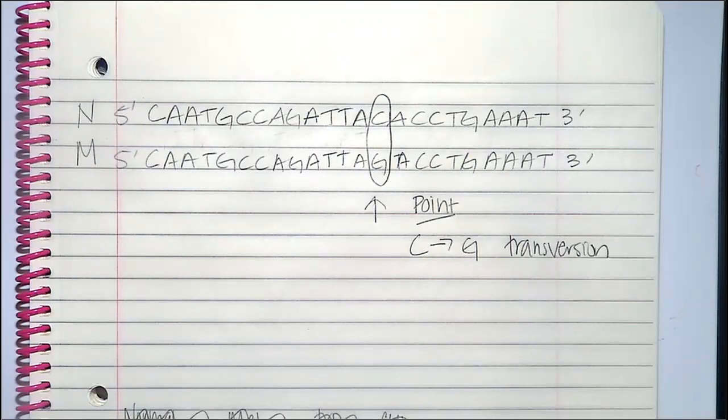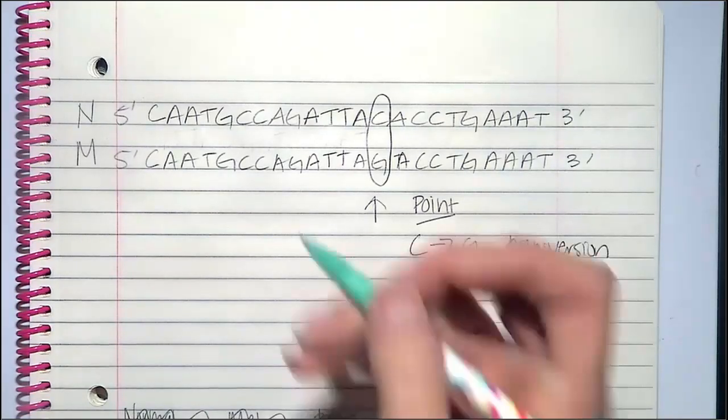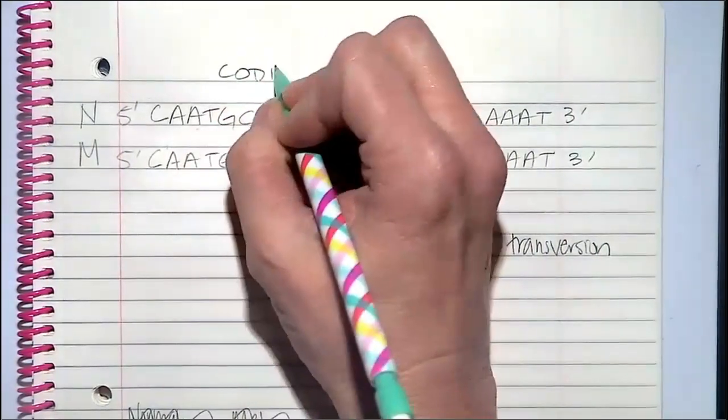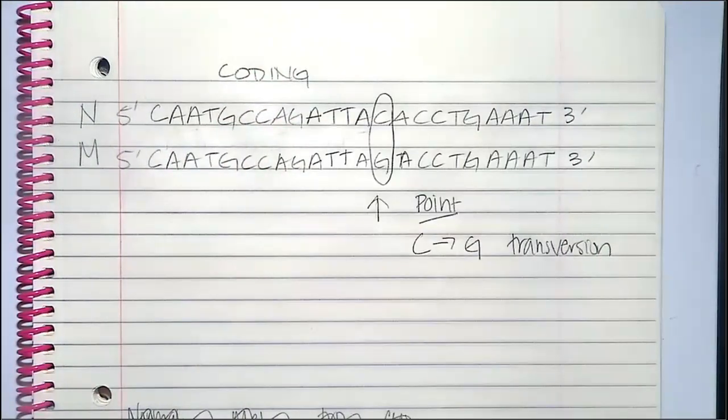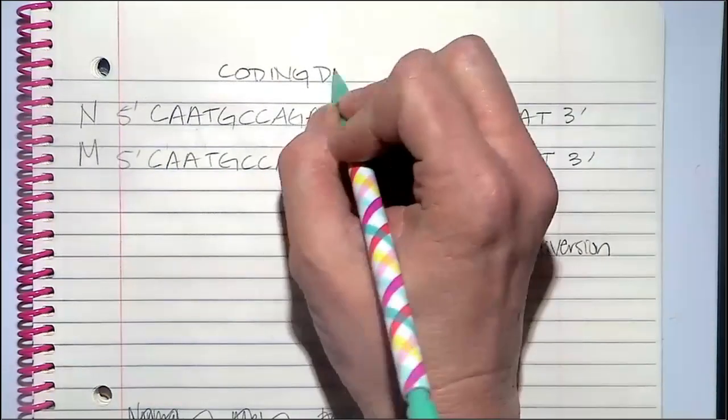So in order to figure that out, we have to figure out what is the reading frame of this particular piece of DNA, right? And these are both the coding strand, right? So we're looking at the coding strand of the DNA.